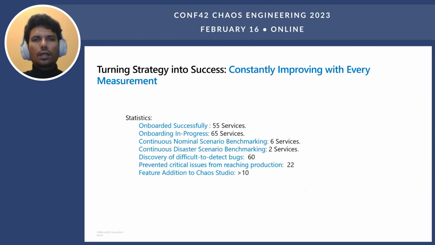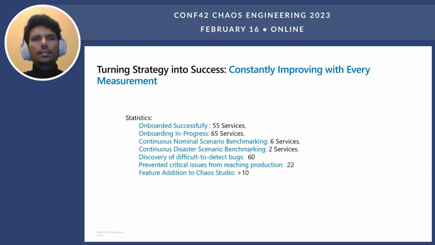Our efforts have thus far uncovered 60 previously undetected bugs and prevented 22 critical issues that could have negatively impacted the customer experience. This is an ongoing effort, and we're continuously working with the Azure Chaos Studio team to enhance the features within the Chaos Studio, which would eventually help us get better at adapting many more scenarios.